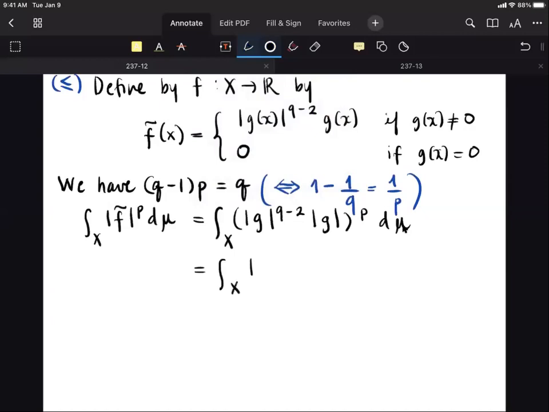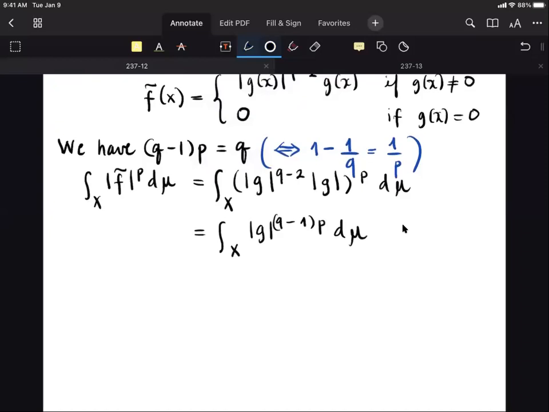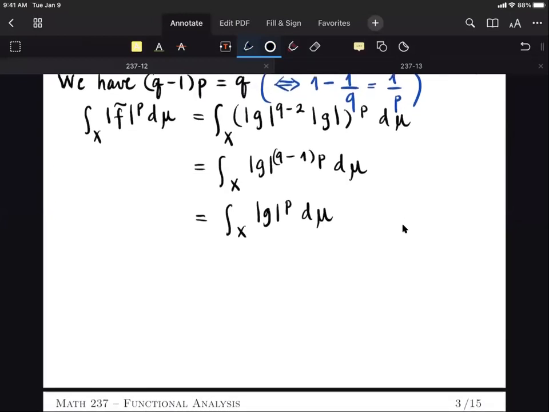Simplifying this, we have q minus 2 plus 1 times p, but q minus 1 times p is q. So this is the integral of the absolute value of g raised to q. Take note that this is greater than 0, since g is not 0 almost everywhere.